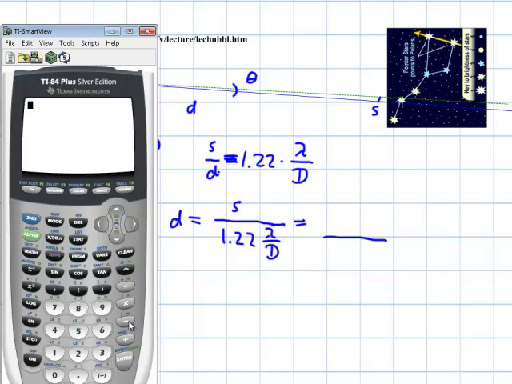Okay, S is given in the problem as the distance these two stars are apart from each other, 3.7 times 10 to the 11 meters. That's, let's see, 370 million kilometers, or 200 some million miles, which is kind of the distance between Mars and the Sun.